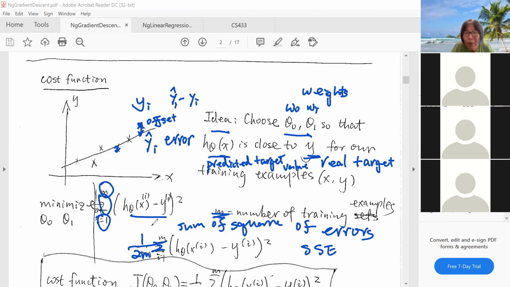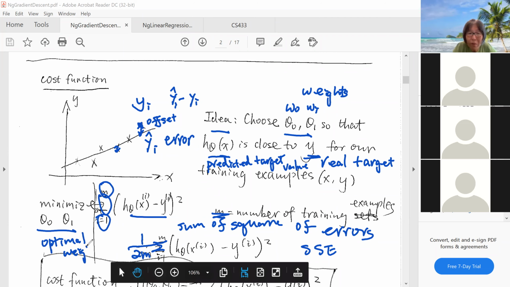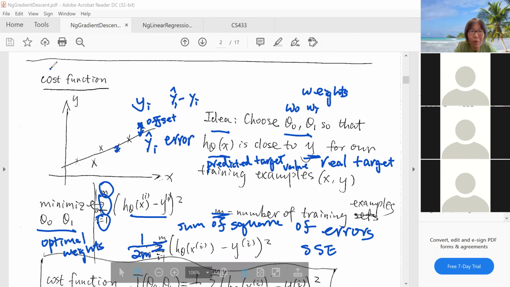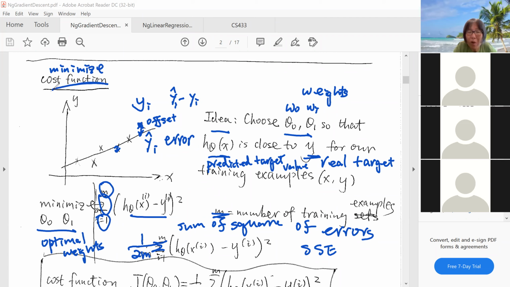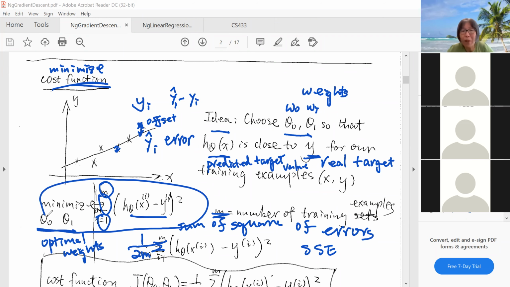So the goal is to find the optimal weights so that we can minimize the cost function. Okay, so minimize this value. So that's our goal.